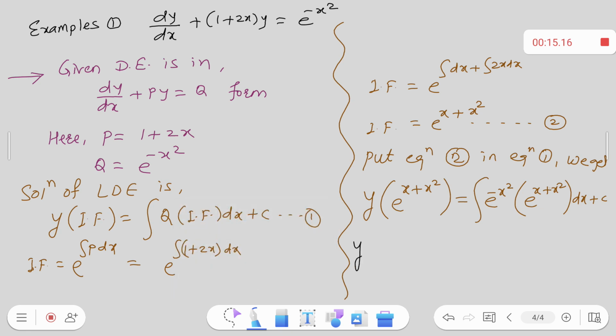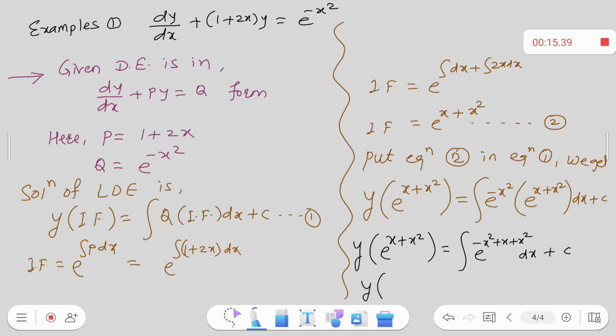Just multiply these two terms. As we know, when the base is the same, take the addition of powers.